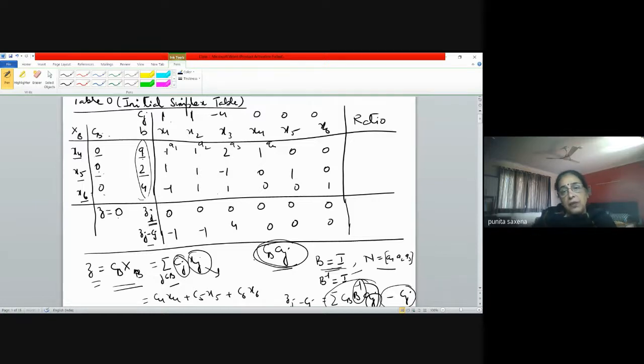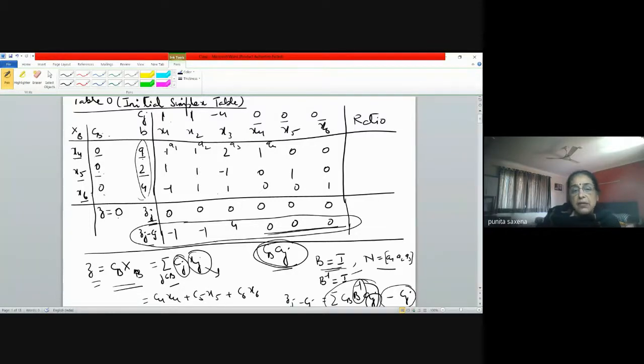Now, can you not see Zj minus Cj for all basic variables? Our basic variables are x4, x5, x6. What is Zj minus Cj for them? All 0. So it is this Zj minus Cj row in this table which is going to tell us whether we have reached optimality or not. And what is the optimality criteria?